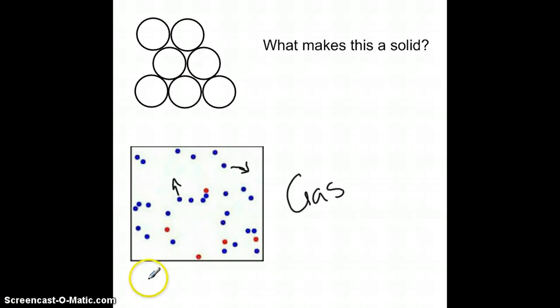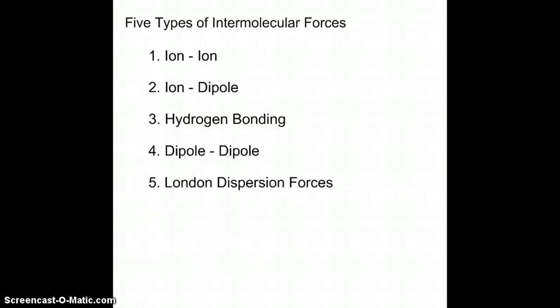So let's move forward. There are actually 5 types of intermolecular forces. And intermolecular forces are just like everything else we've done in chemistry. It's all about positives and negatives coming together. Opposites attract.